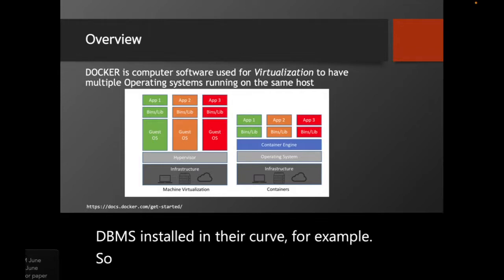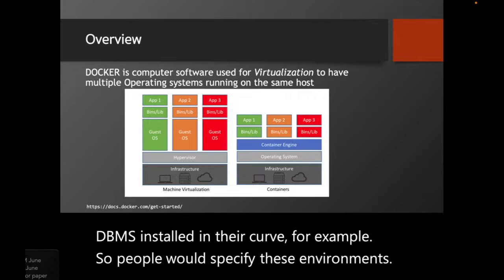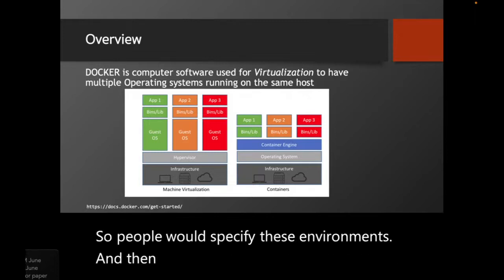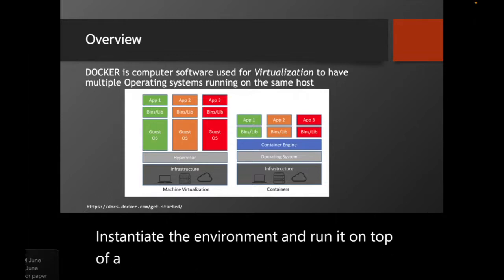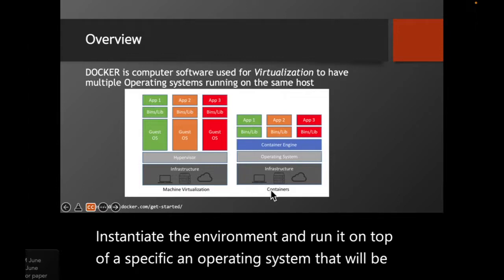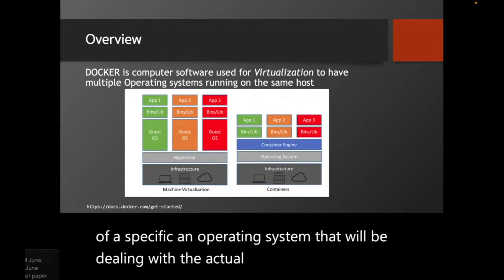So people would specify these environments, and then the engine can instantiate the environment and run it on top of an operating system that will be dealing with the actual infrastructure behind.